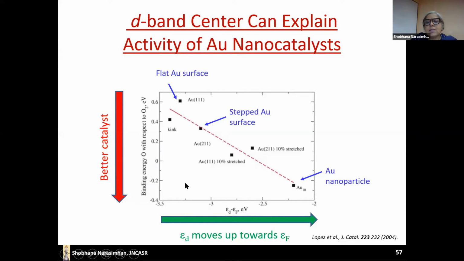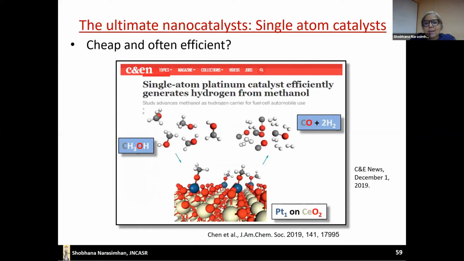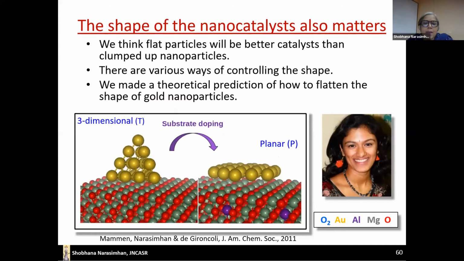You can also use this D-band center to design new materials that are better catalysts. And the ultimate nanocatalysts are single atoms, which is a hot field now. So I'll just spend my last few minutes telling you a little bit about what we work on in my group. We've been working partly on how to change the shape of gold nanocatalysts, nanoparticles, to make them better catalysts.